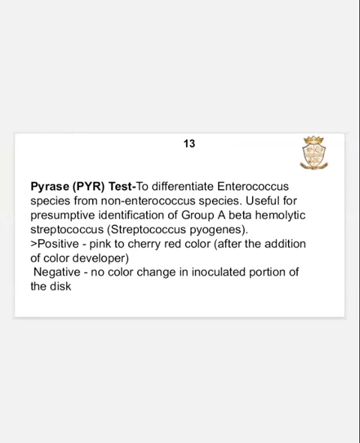PYR test differentiates Enterococcus species from non-Enterococcus species and is useful for the presumptive identification of group A beta-hemolytic streptococcus. Positive is a pink to cherry red color after addition of the color developer. Negative is no color change in the inoculated portion of the disc.